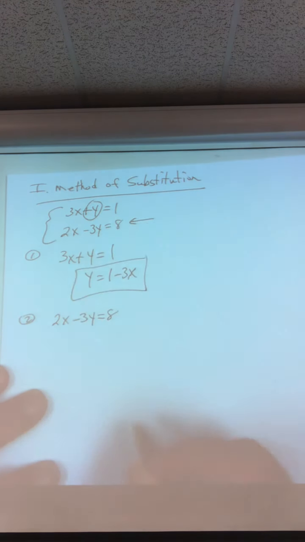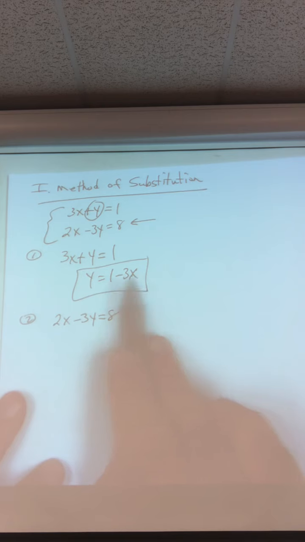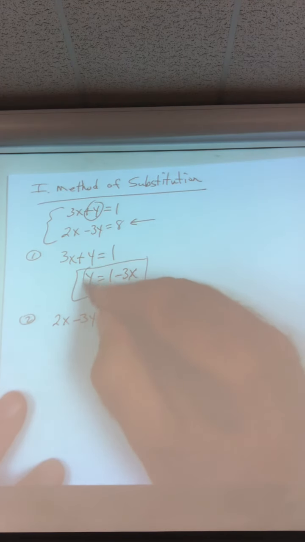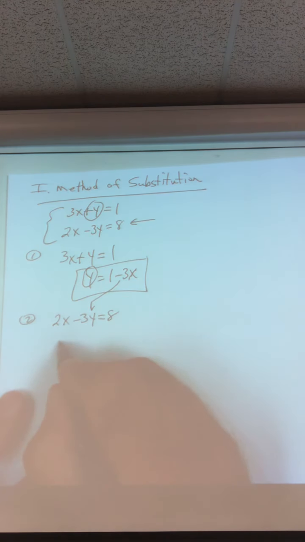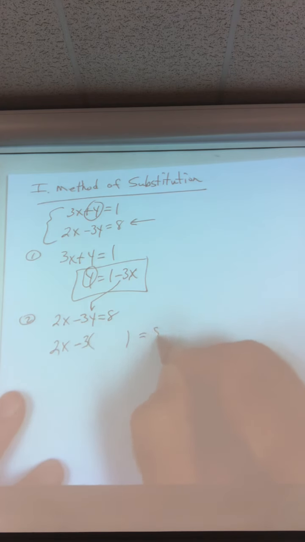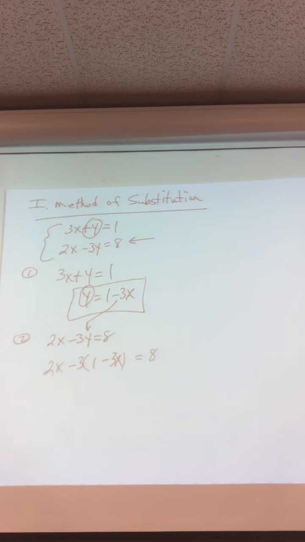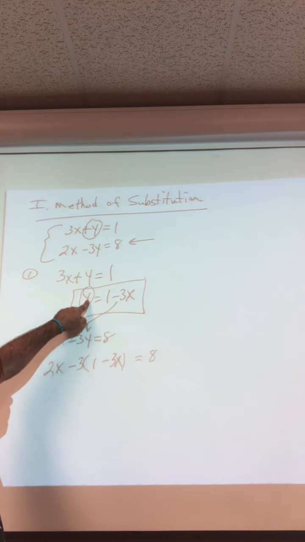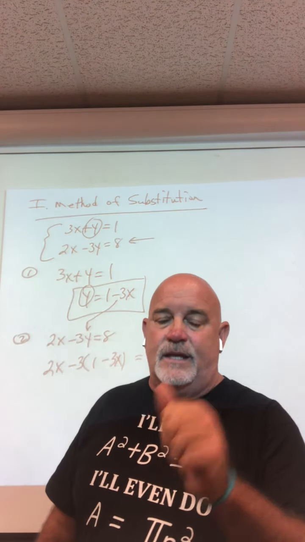This is the one we have not used. Now, I want to substitute what I got from step 1 into here. What did we solve for right here? We solved for y. So put this stuff in y's spot. So replace the y with 1 minus 3x. So put whatever you solved for into the other equation. Now, the last two words say, and solve.